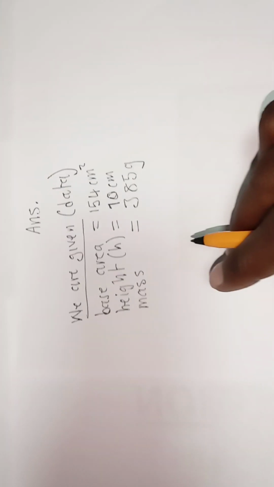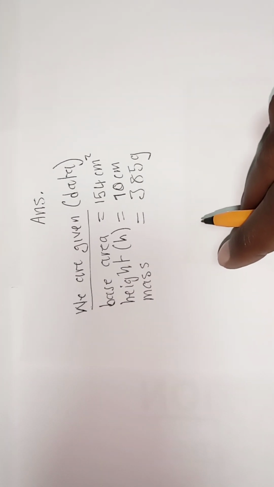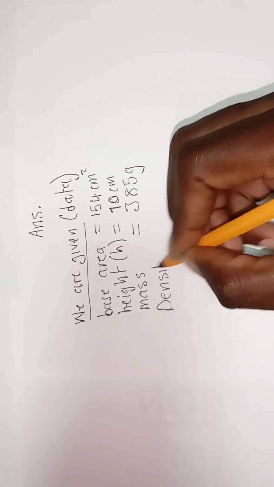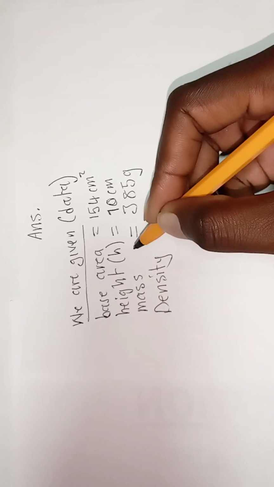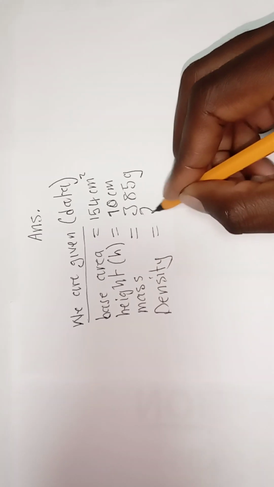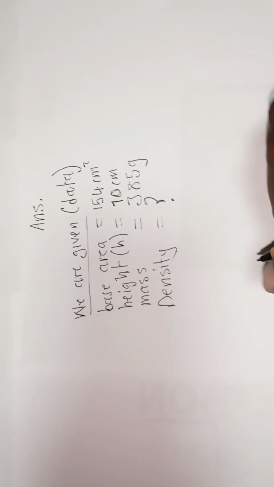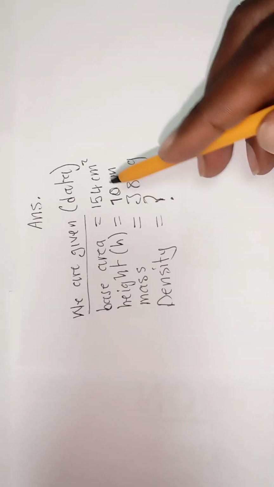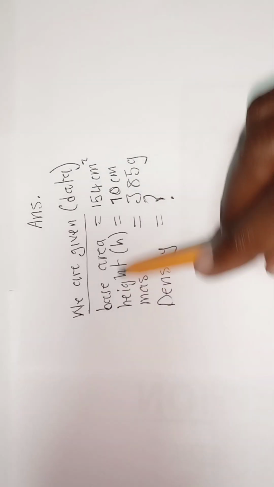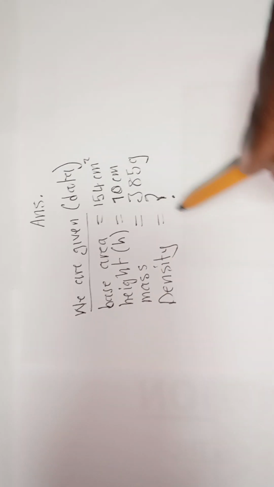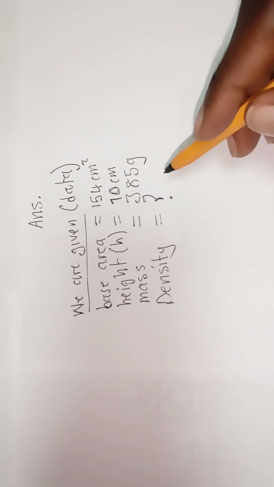We have to find the density. The density is not given. So this is what we have in our question: we are supposed to find the density given the base area, the height, and the mass.